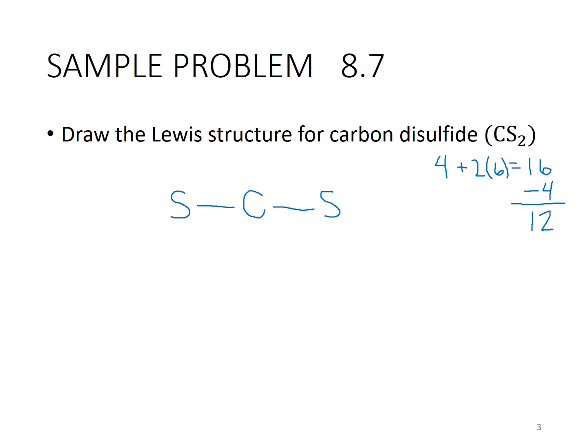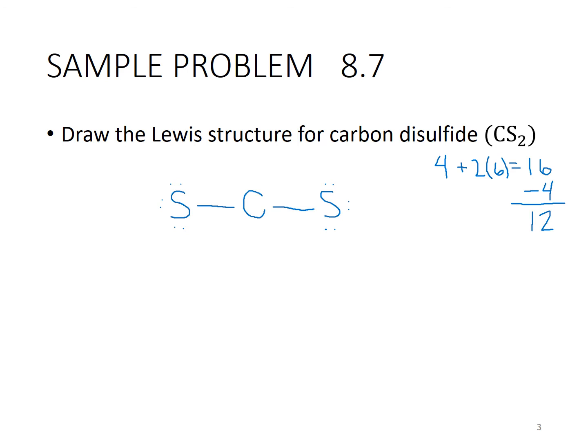So now I start filling in the octets of my outermost atoms, starting with the most electronegative atom. We only have 2 sulfurs here, so it doesn't matter which one, but I will fill in the octets as lone pairs for the outermost atoms.